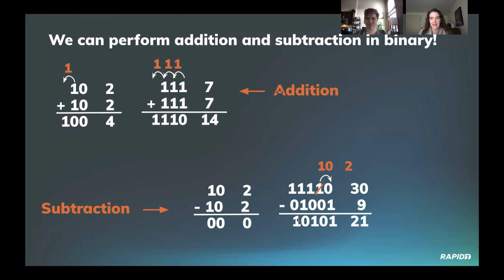So the only tricky part of this was that first column, the ones column, where you had a 0 and you're taking away from nothing. But now you have this binary value 10101, which translates to 21 in decimal, and we know that's correct because 30 minus 9 is 21.